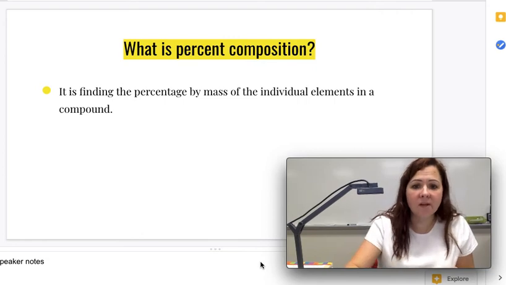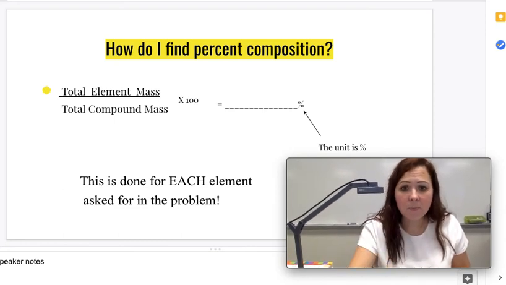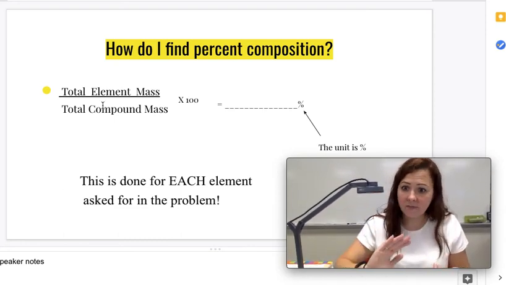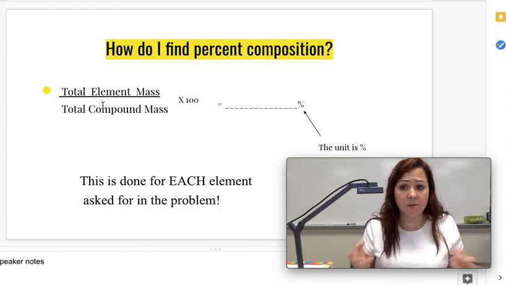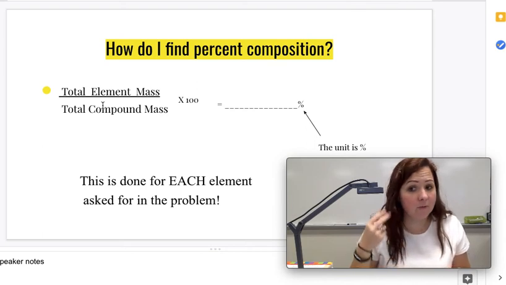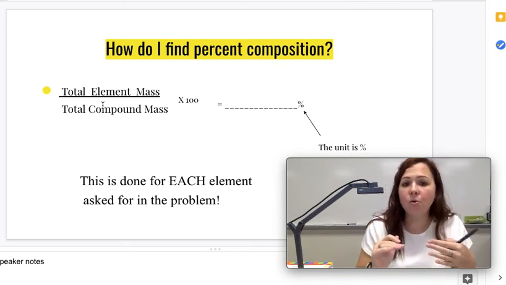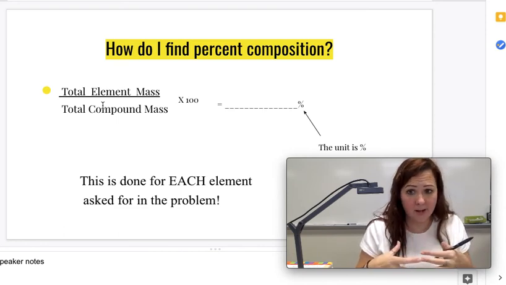With your percent composition, we are looking at the percent by mass. When we're finding a percentage, it's a part divided by the whole. Anytime you find a percentage, part divided by the whole. The part that goes on top is your total element mass. If you have 2 hydrogens, it's the total mass of your hydrogens. And then the total compound mass is your molar mass.